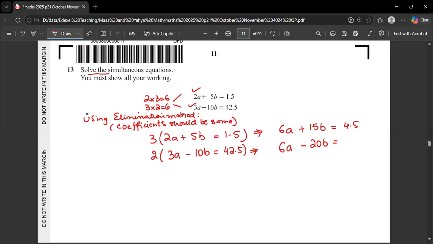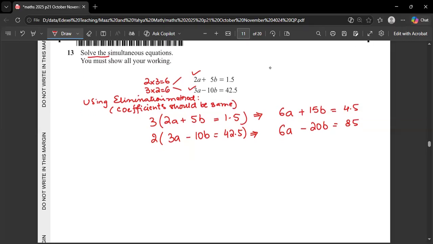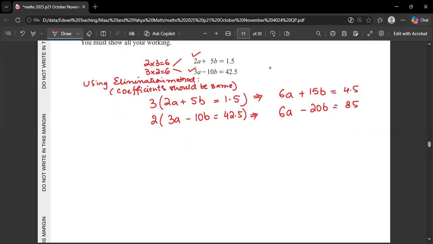Is it 85? If you people do not respond to me, and if there's any mistake, I won't be able to rectify it, okay? If you are getting the same answer, let me know. If I am not getting the same answer, quickly respond to me, okay?